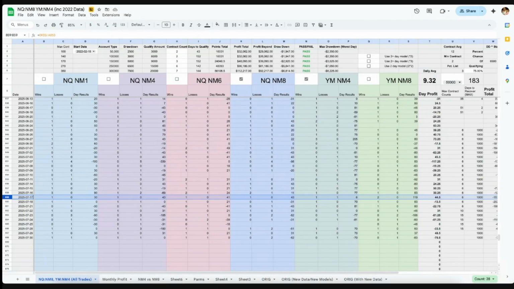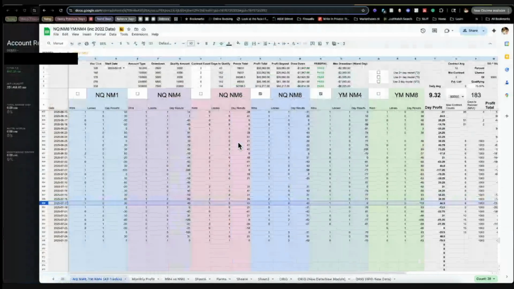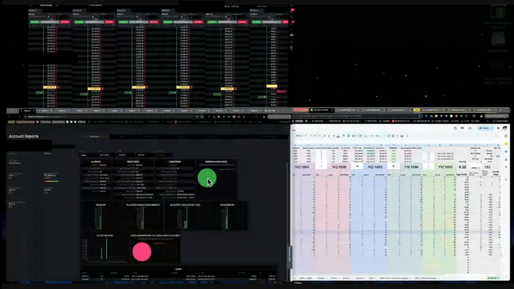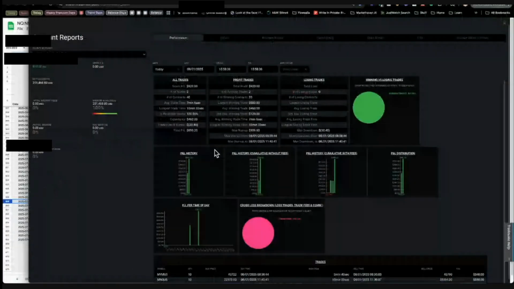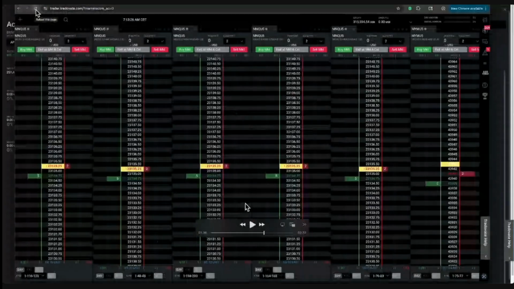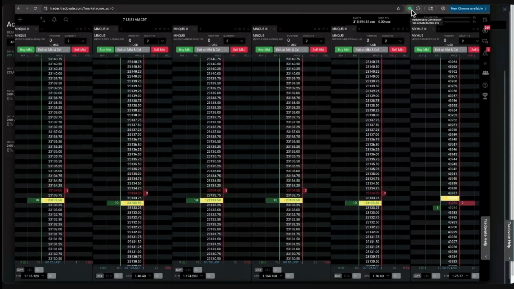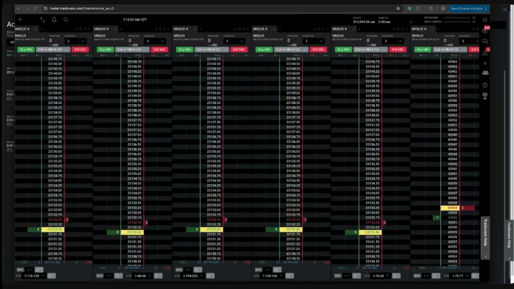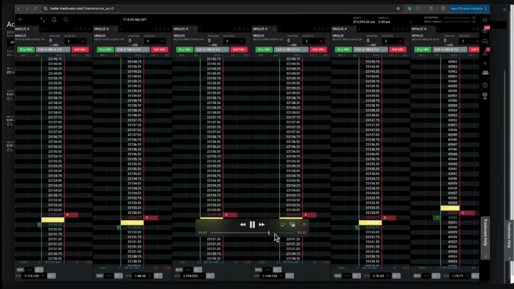Does it alert you, or does it trade for you? It actually gets into the trade. So I'm going to go back to the video. That's not the video. So if you go back to the video, you'll see it automatically get into a trade. I rewound it a little bit farther.